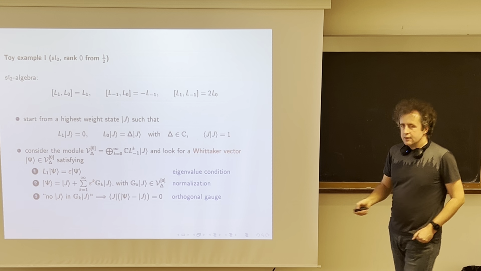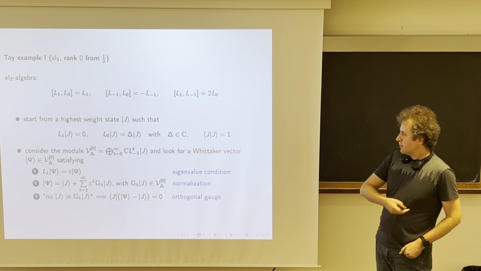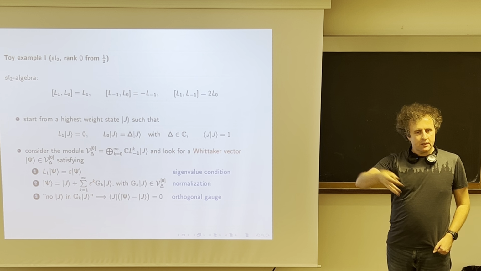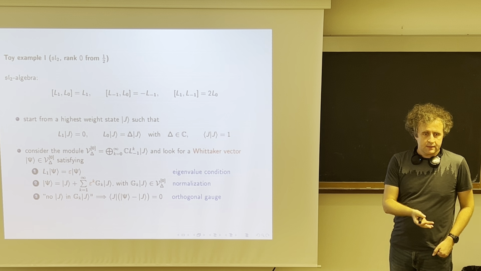It tells you that this psi has to be an eigenstate of L1. The second condition is a kind of normalization. Because if I take psi and multiply it by an arbitrary function of epsilon, it is still an eigenstate.